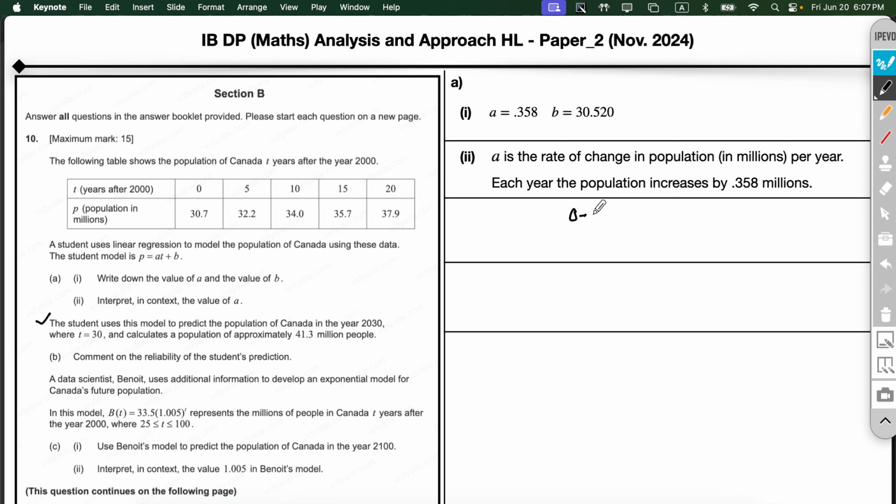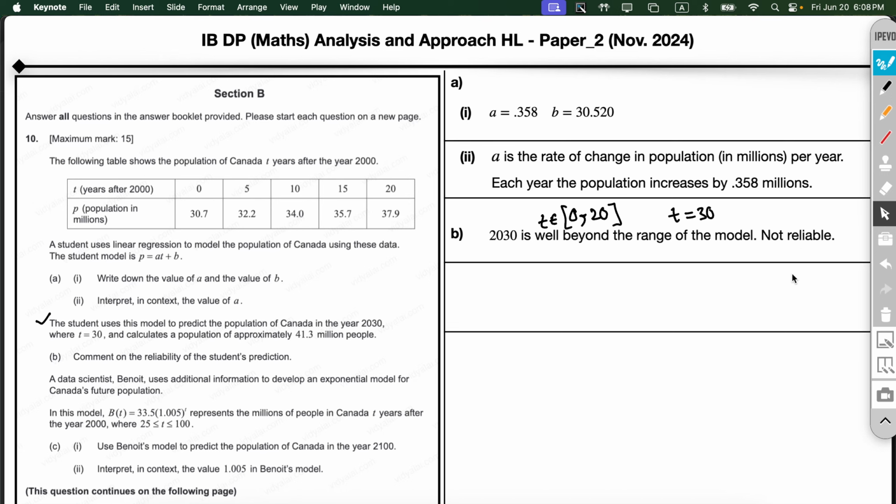The data that the student had was from 0 to 20 values of t. Now trying to extrapolate that to t equals 30 is not a reliable prediction. So this prediction will not be reliable. You can just write that because 2030 is well beyond the range of the model.